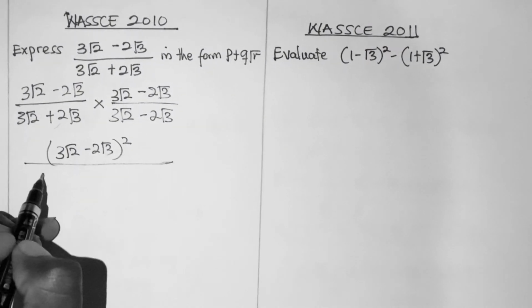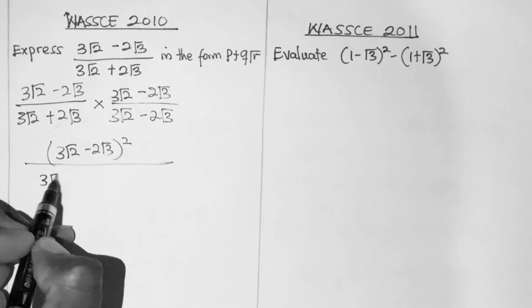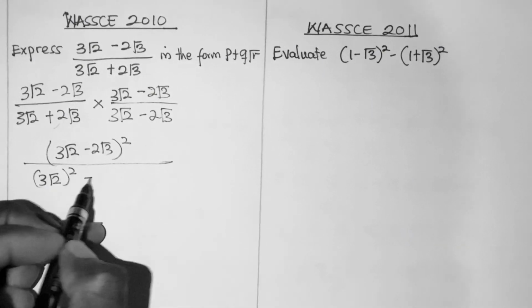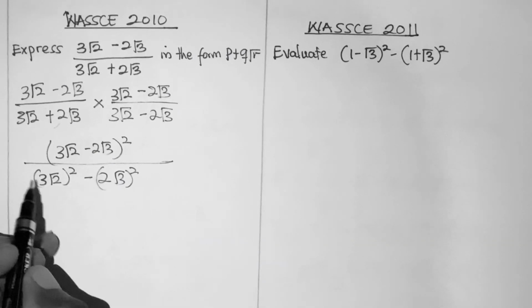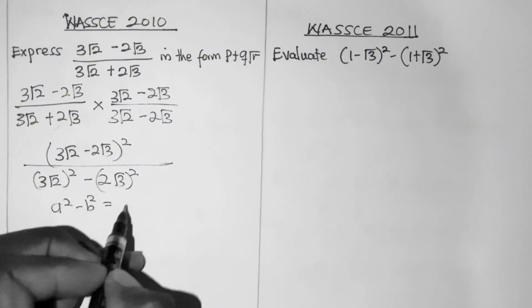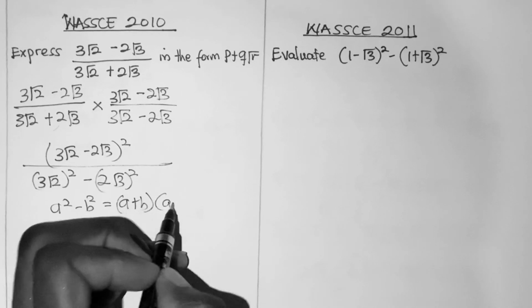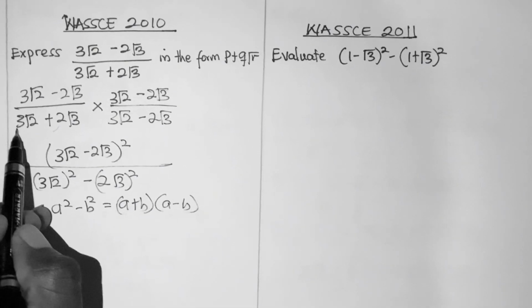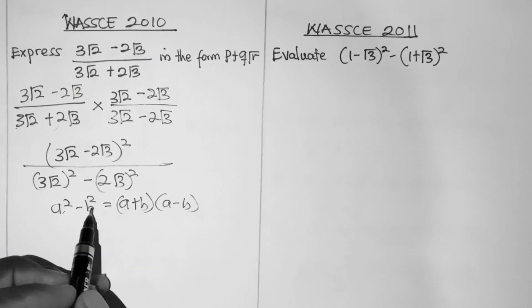The denominator is a difference of two squares, so it becomes (3 root 2) squared minus (2 root 3) squared. Remember that a squared minus b squared is equal to (a plus b) times (a minus b). So here's a plus b and here's a minus b. So that's how I can do this straight.